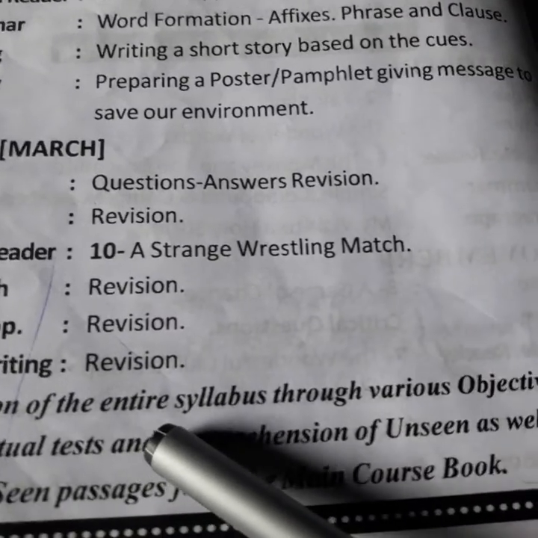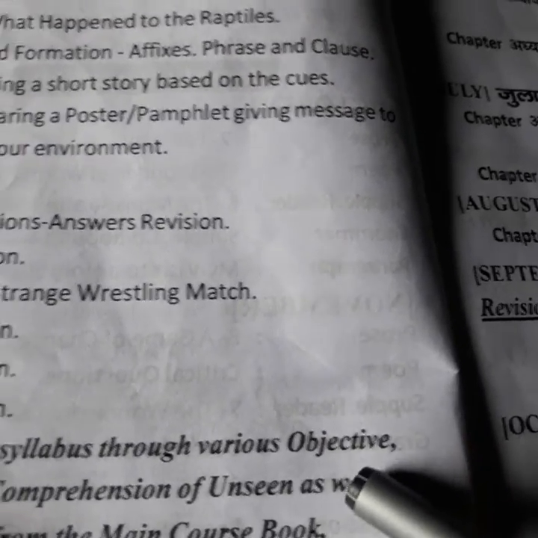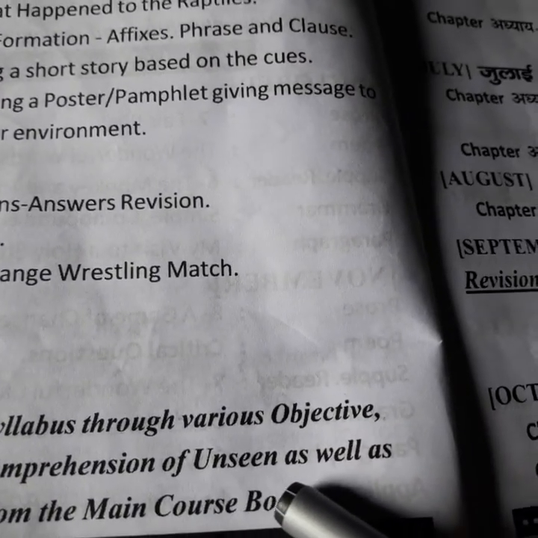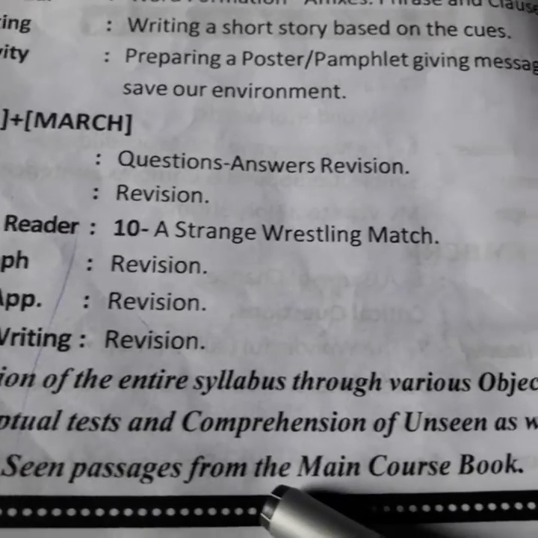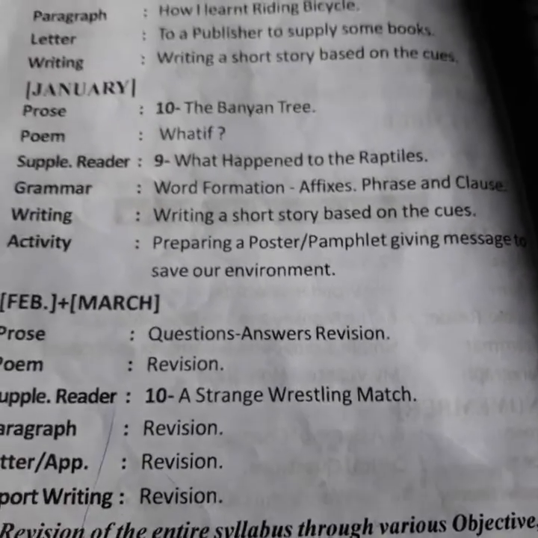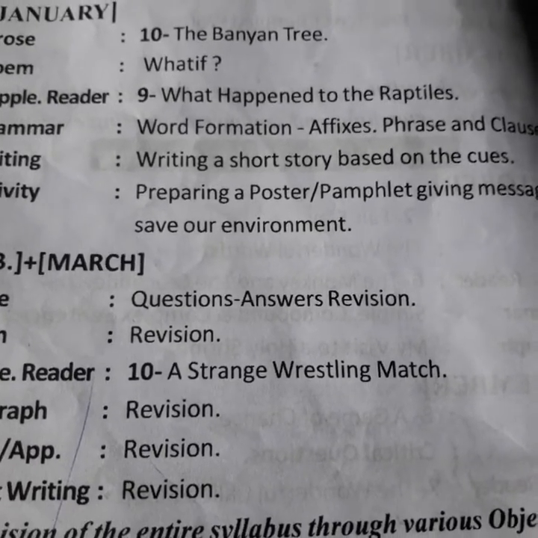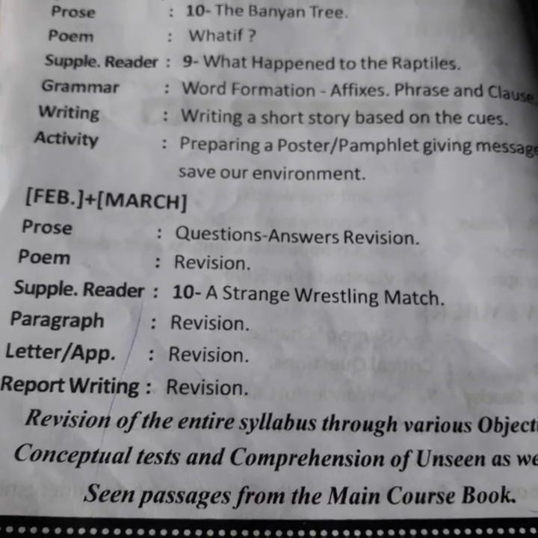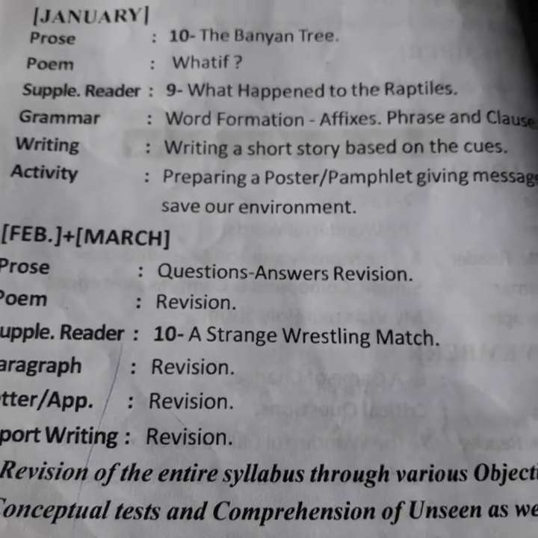And revision of the entire syllabus through various objective, conceptual tests, and comprehension of unseen as well as seen passages from the main course book. This is all about your syllabus of English for class 6. Must study accordingly and score better marks in the coming examination.